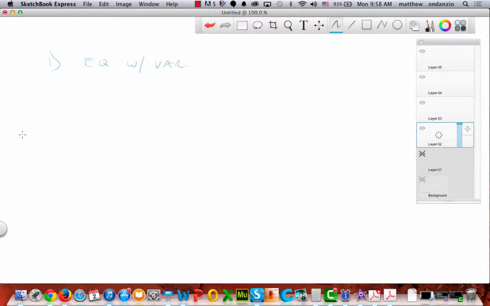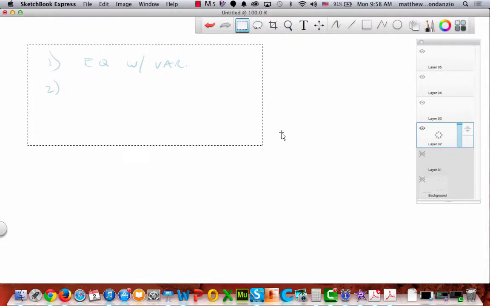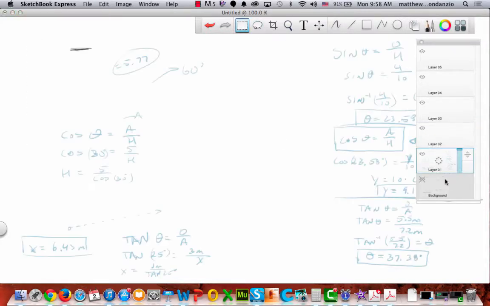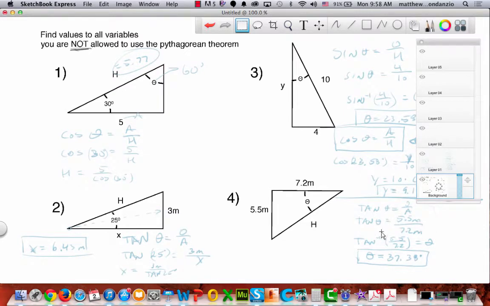If we put tangent inverse of opposite over adjacent equals theta immediately, I see what you're saying. If you went right to here and wrote the inverse tangent of opposite over adjacent, you can do that, that's fine.